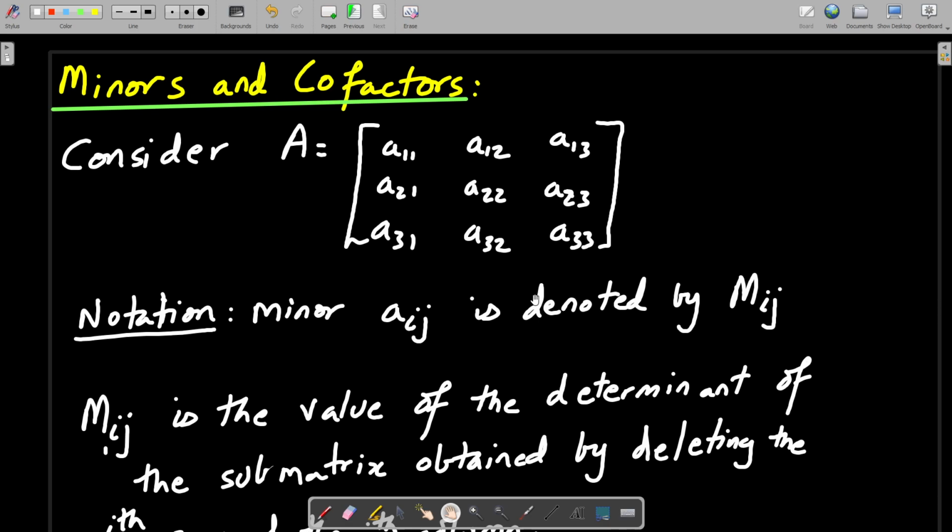So delete the first row and first column. What remains over there? If you delete the first column, all three entries are gone. If you delete the first row, these three entries are gone. What remains are only these four entries over there, right? So take that determinant.